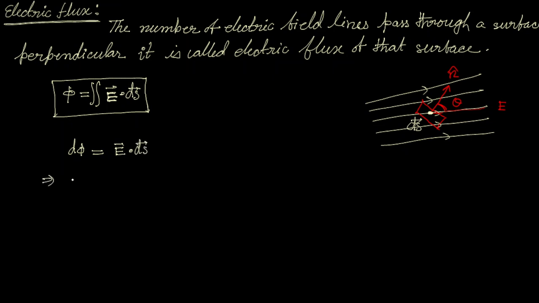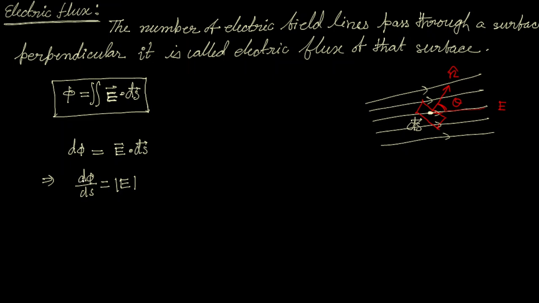If we divide both sides by ds and take the magnitude, we get d phi by ds equals mod of E. So d phi is the flux through the elementary area ds, and d phi by ds means flux per unit area, that is flux density. So flux density is directly proportional to the amplitude of the electric field at any point.